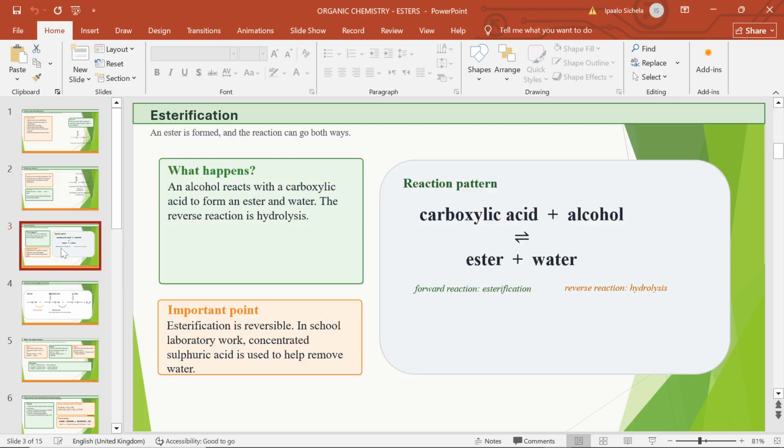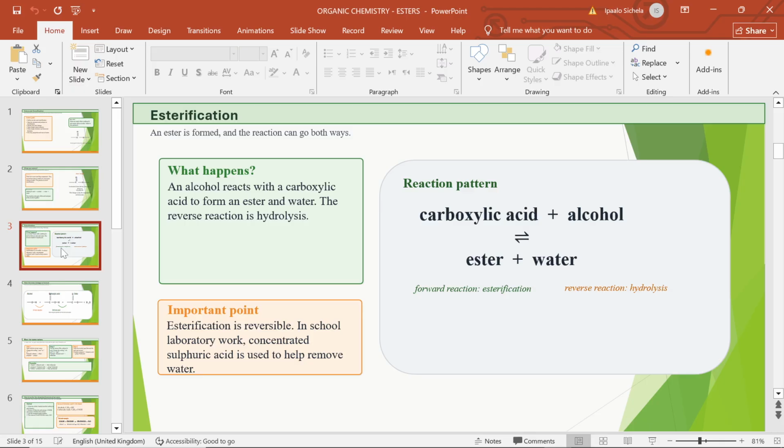So what happens during esterification? What happens is that an alcohol reacts with a carboxylic acid to form an ester and water. I already went through that. So esterification is simply the process by which an alcohol reacts with a carboxylic acid to form an ester and water.